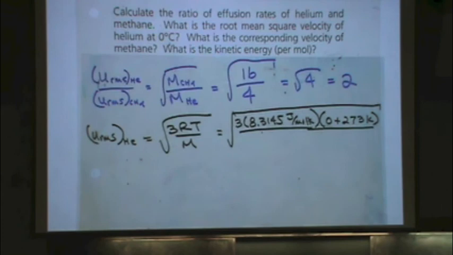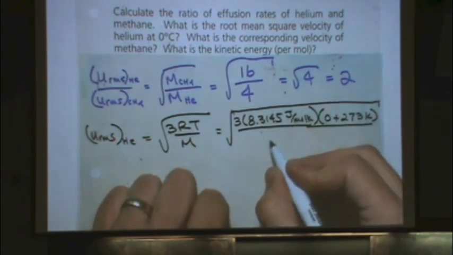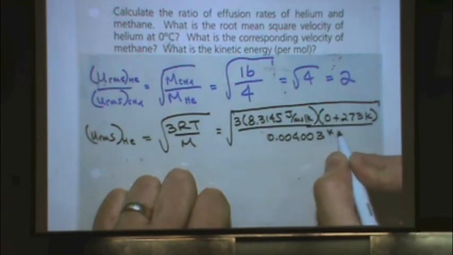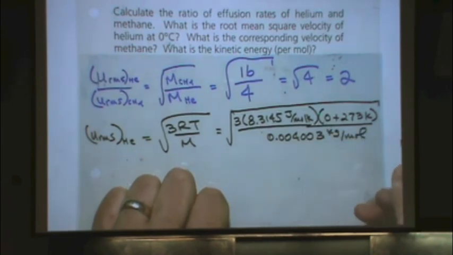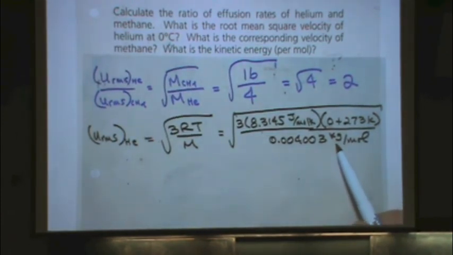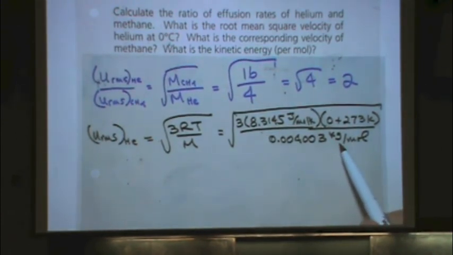Kilograms per mole. So I can't use 4.003. I need to divide it by 1,000 to change it to kilograms per mole. That's probably the most common mistake students make, is not putting this in kilograms per mole because this is SI units.